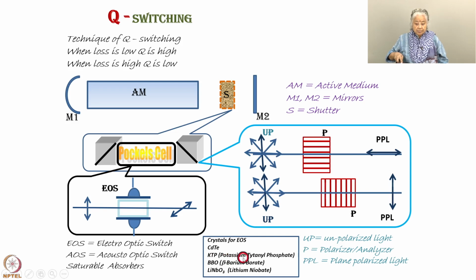KTP, or potassium titanyl phosphate, is used generally with the Nd:glass or Nd:YAG laser. Then you have beta barium borate, BBO crystals, and lithium niobate, which are also used as electro-optic switches.